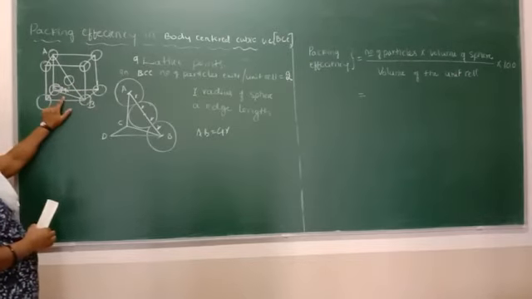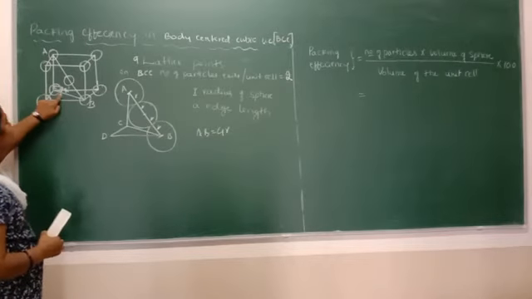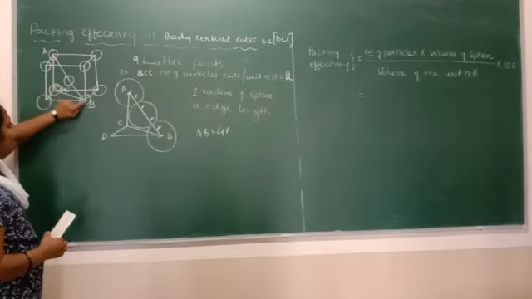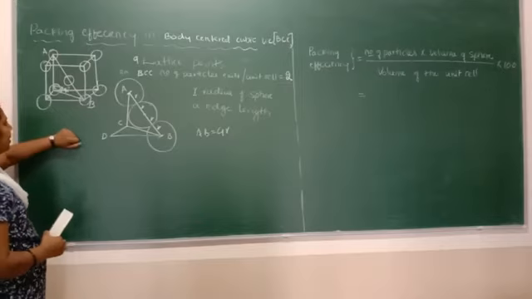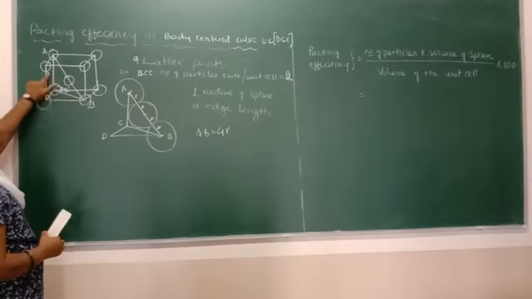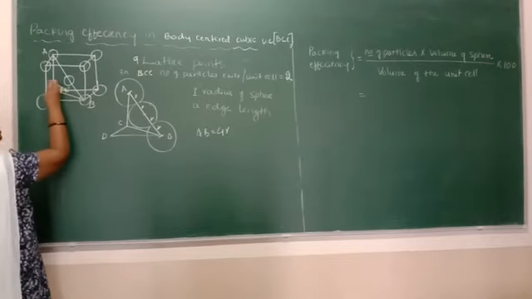We can apply the Pythagoras theorem to this triangle. Opposite to the right angle, AB can be taken as the hypotenuse. According to the Pythagoras theorem, the square on the hypotenuse is equal to the sum of the squares of the remaining 2 sides.